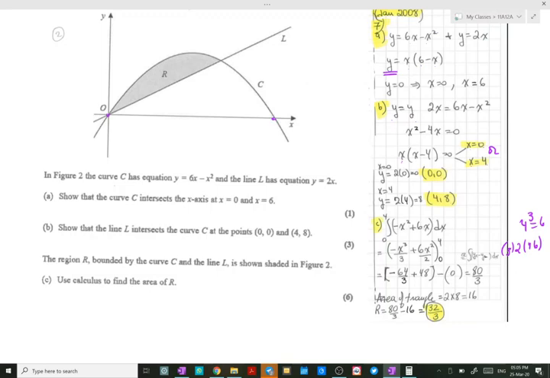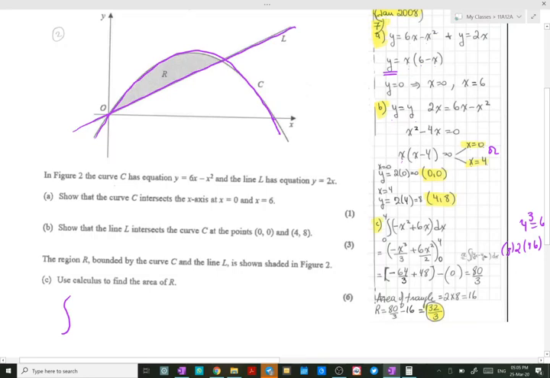Method 1, you integrate the equation of the curve minus the equation of the line.